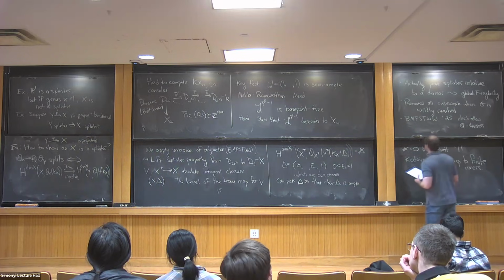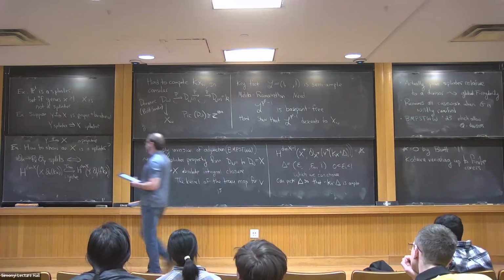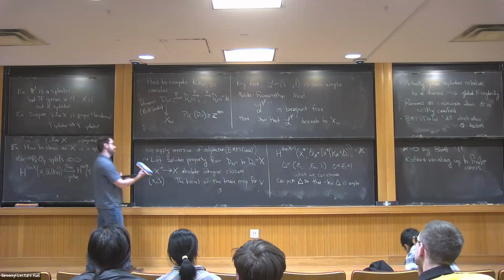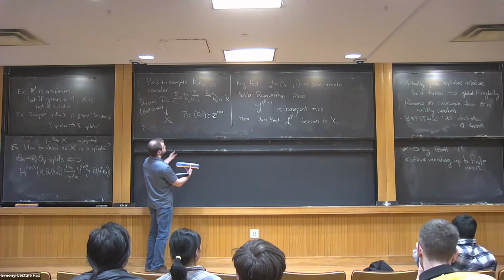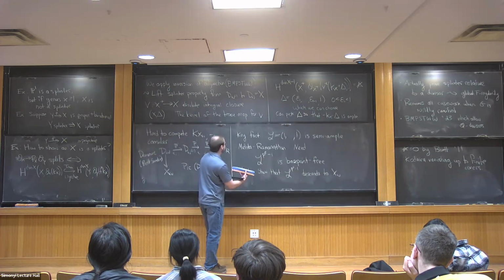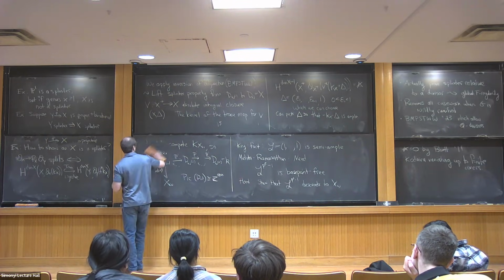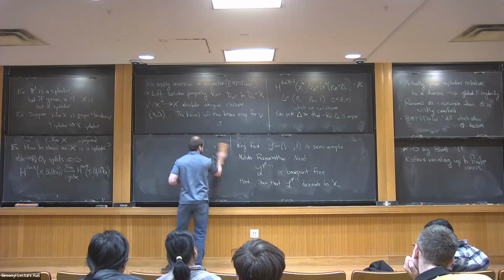Let me just tell you what we would like to know. Maybe I'll erase this. So right now I've only been working in equicharacteristic, meaning my local field, the Laurent series field in T, is characteristic p, and so is the residue field.